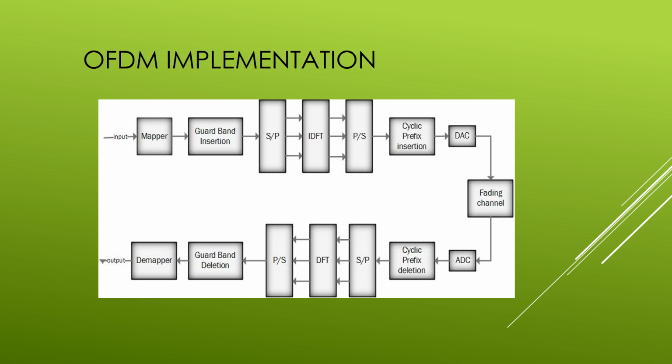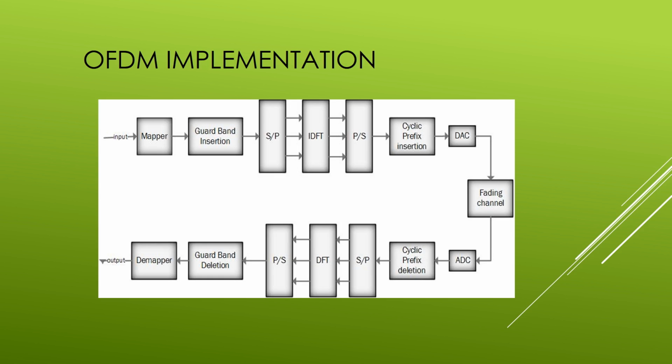Then the transformed signal will be serialized again, and the cyclic prefix will be inserted into these signals. And the DAC converter will convert the digital signals into analog signals and then transmit these signals on the fading channels.